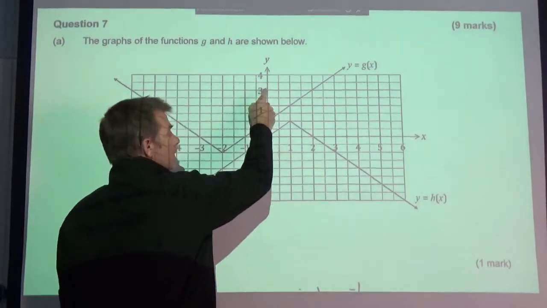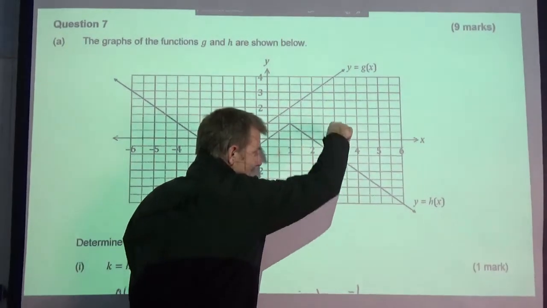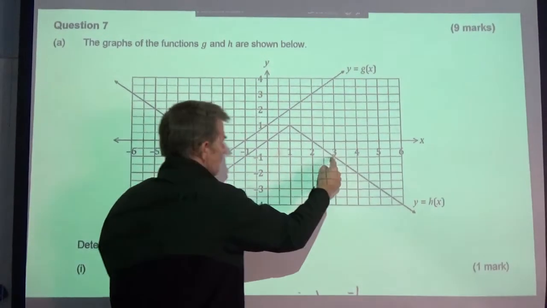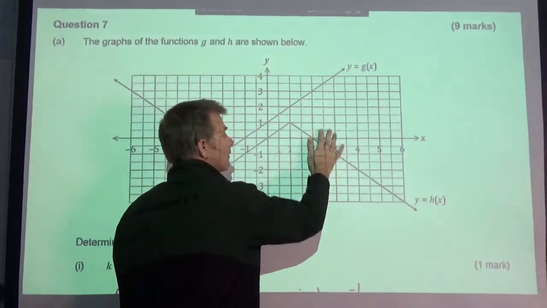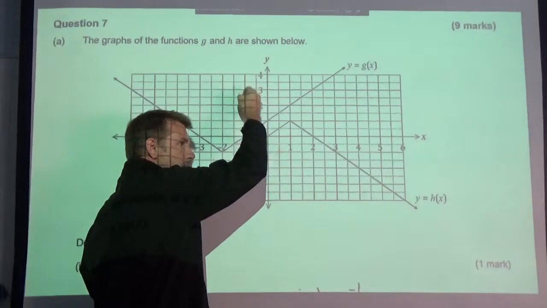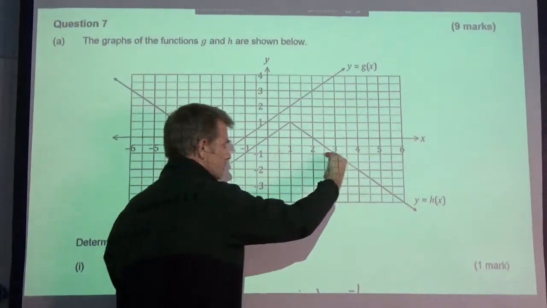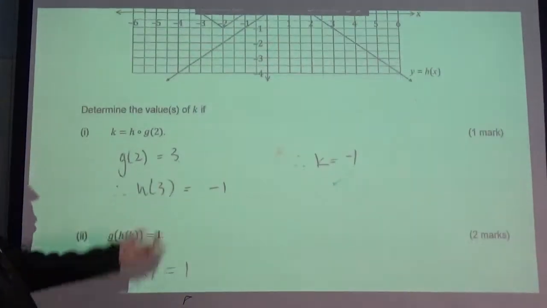So then I would go from here, the output value of 3, to here, to put an input value into h of x, and that would get me my -1. So I'm starting on the x value, going to the first function, picking up an output value, and then using that output value as the input value of the next one to find the -1. Lots going on. All right, next question.